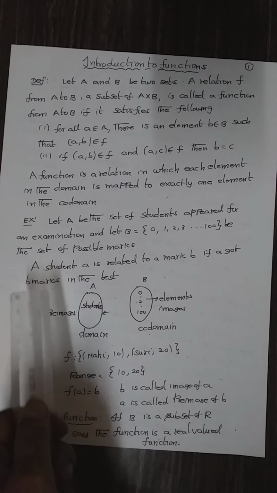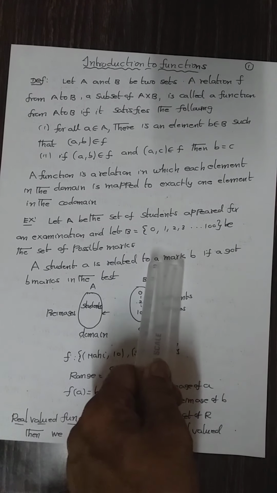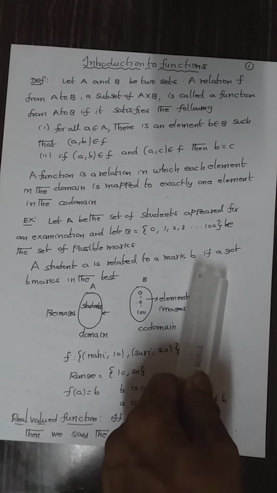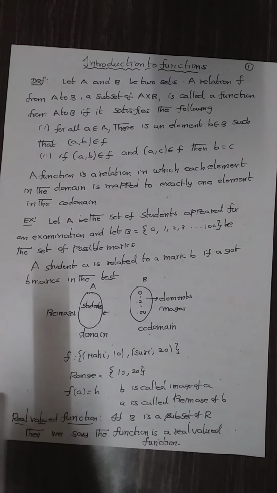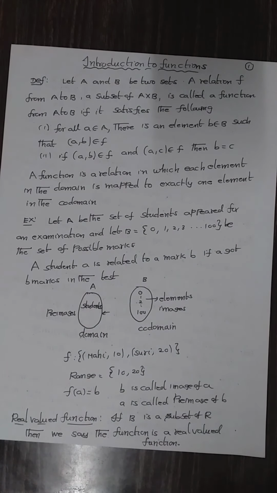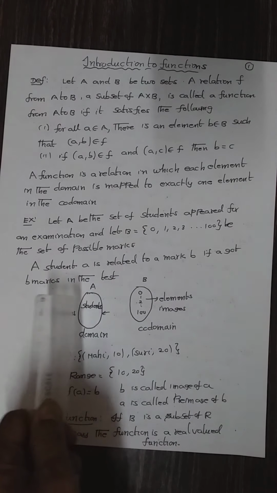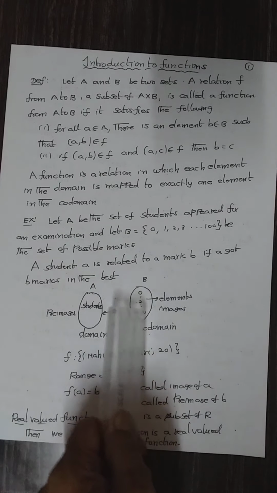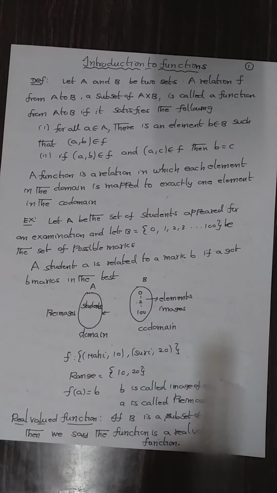So a student a is related to mark b if a got b marks in the test. That means A is the student, and b is the number of marks. Here set A is students, and set B is the marks. For example, student 1 got 10 marks, so you can relate to 10 marks.